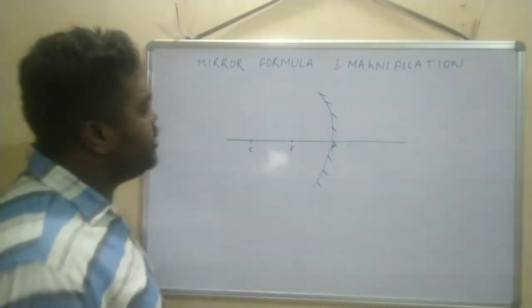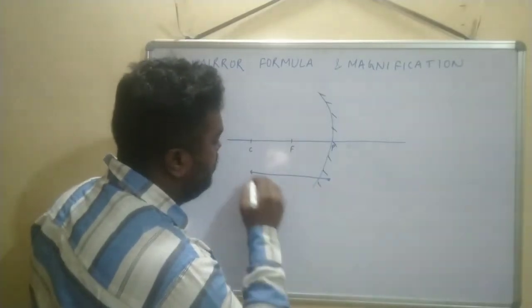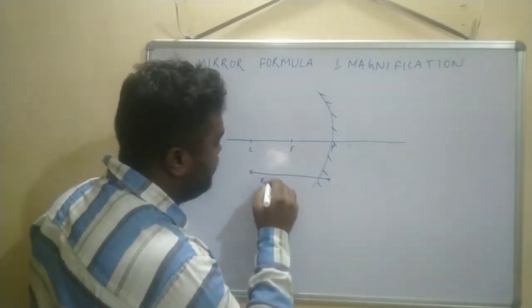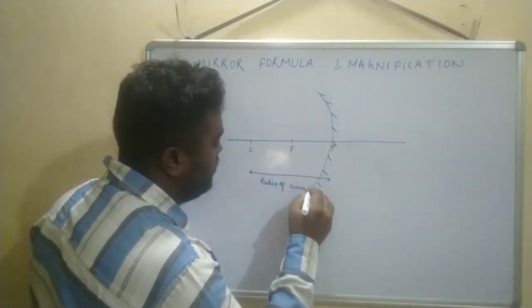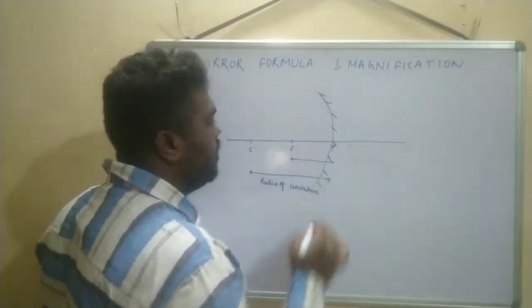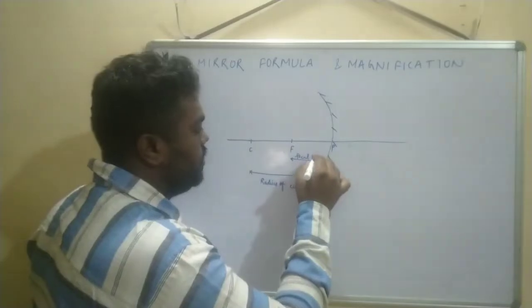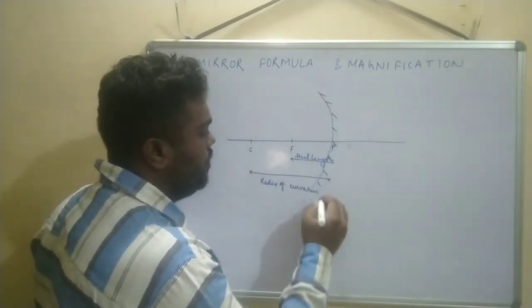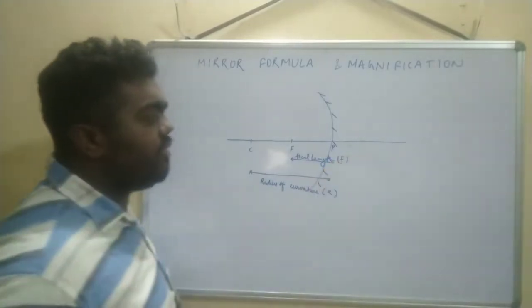Now the distance between the center of curvature and the pole is the radius of curvature. The distance from focus to pole is focal length. This I have already taught. This is denoted by capital R and this is denoted by small f.